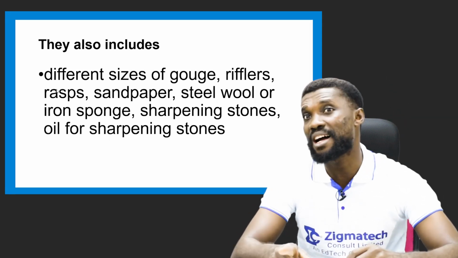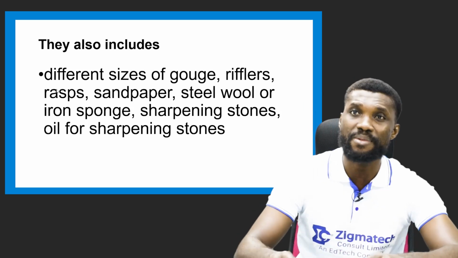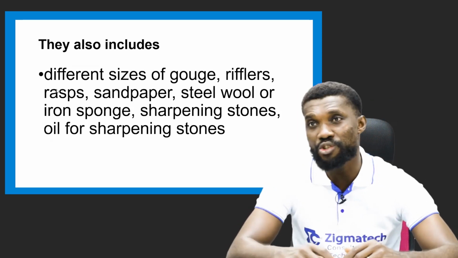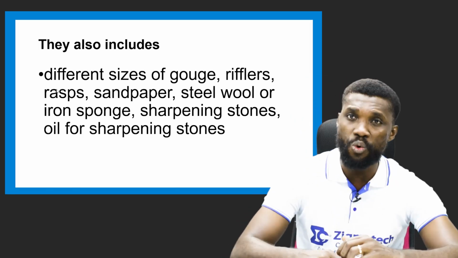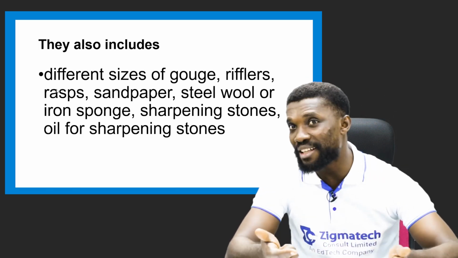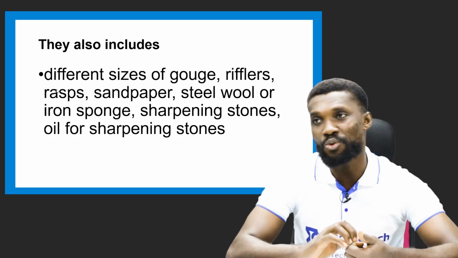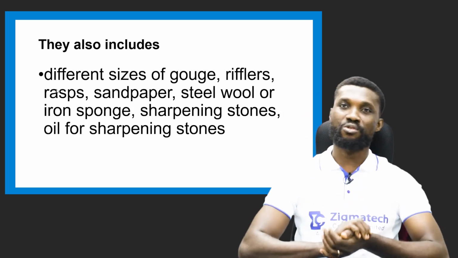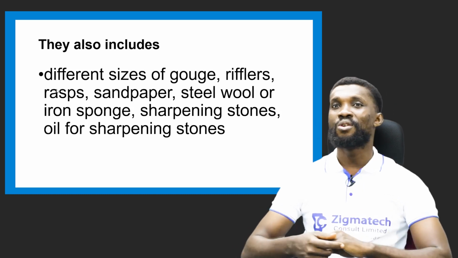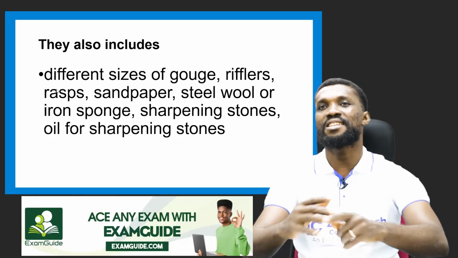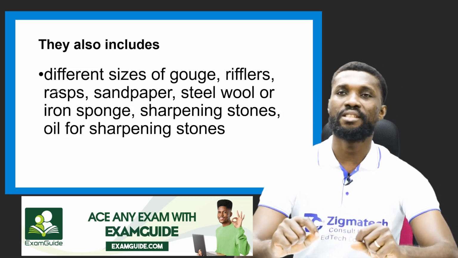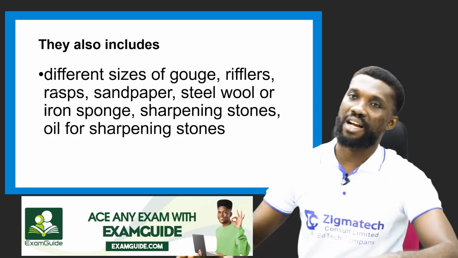We have the rougher, we have the rasps, we have the sandpaper, we have the steel wool or the iron sponge, we have the spinning stone. I even have oil, to shine your stone when you're done carving. So you need the oil to brush and shine your stone for carving. These are the major tools for carving.